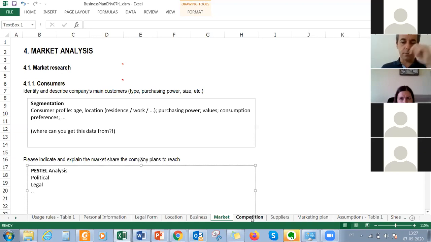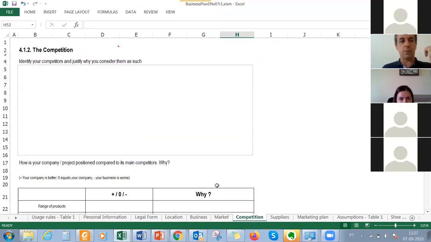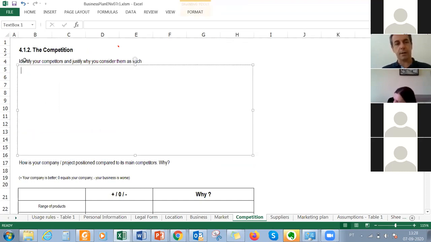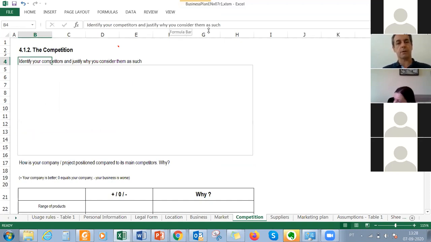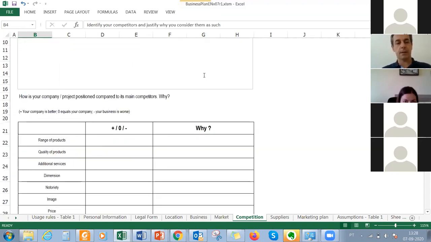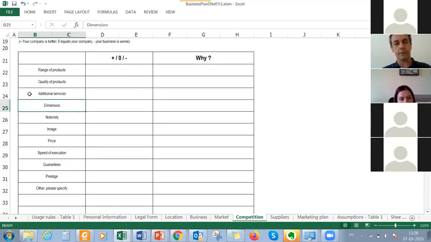Look, also competition is an area where we can also have some exercises that can be done with other tools, but we have here a sheet to structure or to condense what are the competitors. Please identify, is the question, what are your main competitors, and for the competitors, try to identify if they are better or worse than you in a certain level of dimensions.